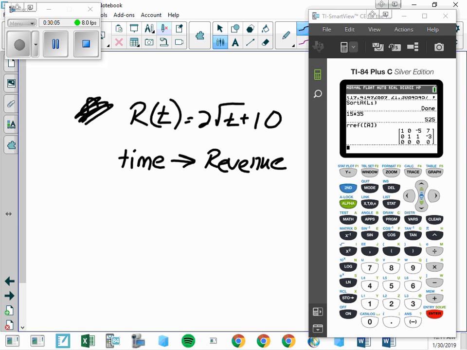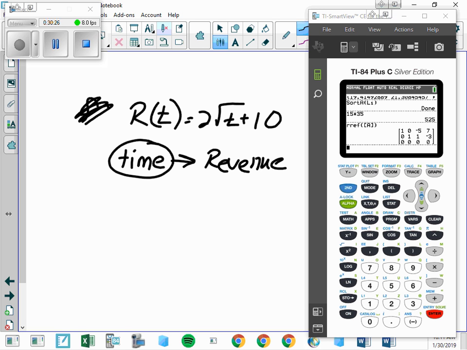So the original function inputs time and spits out revenue, meaning after T days, the company makes R thousands of dollars.